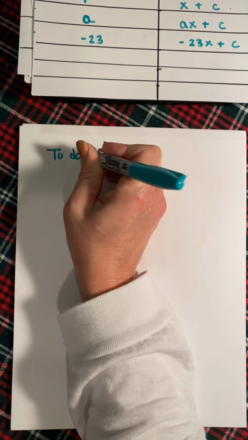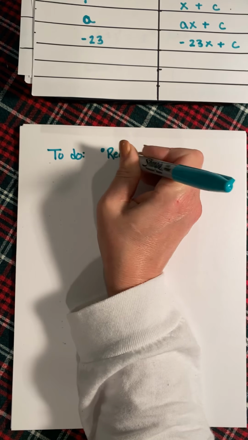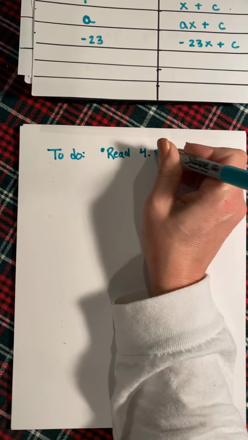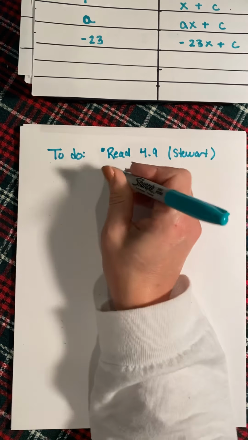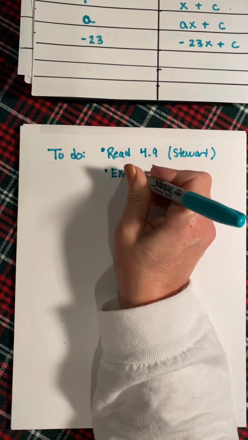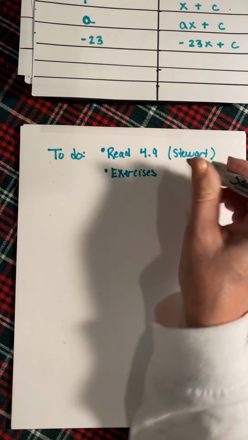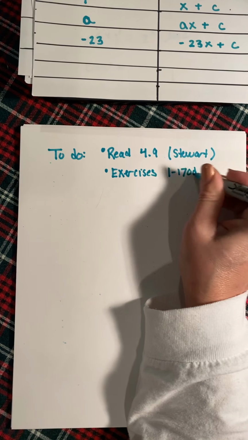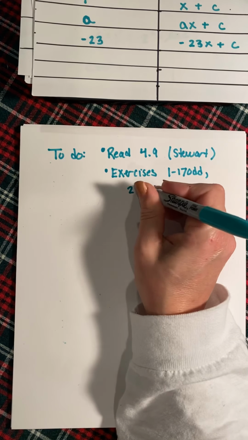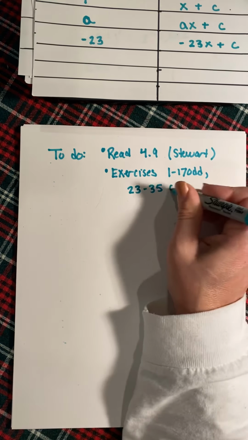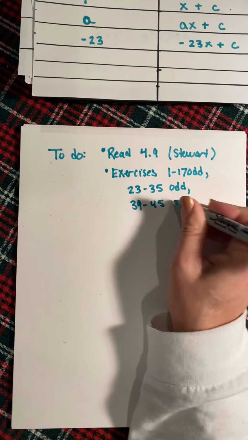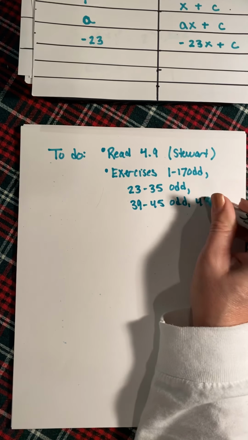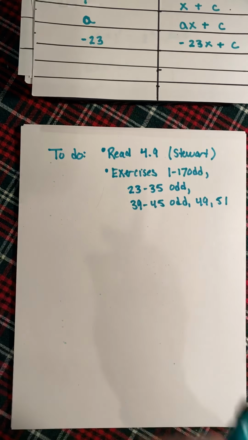So to do: read 4.9 in Stewart. Exercises 1 to 17 odd, 23 to 35 odd, 39 to 45 odd, 49 and 51.